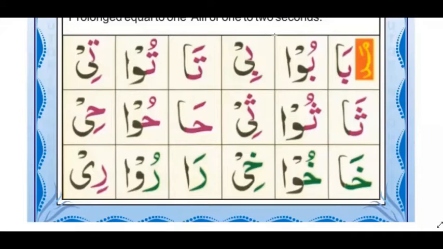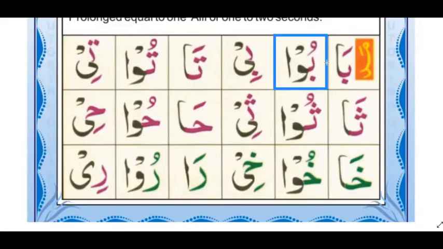Next will be ba waw dhamma bu. We read that if there is a silent waw and before that waw there is a letter, that could be any letter, ba for example, with dhamma on that letter before the silent waw, we'll call it waw madda.